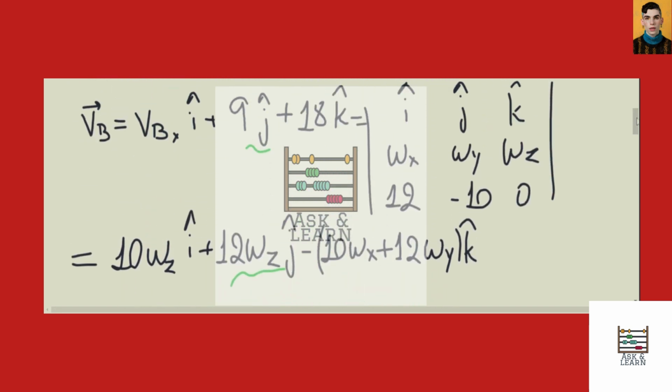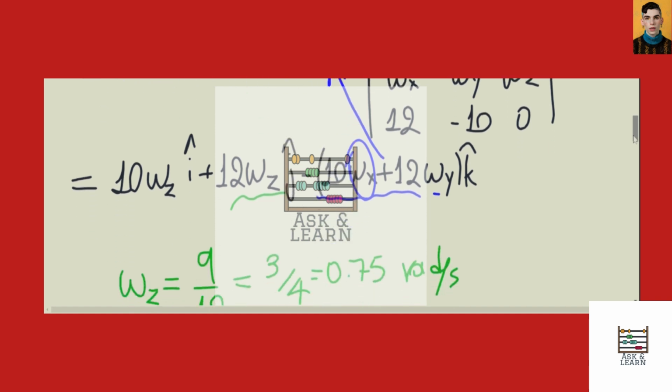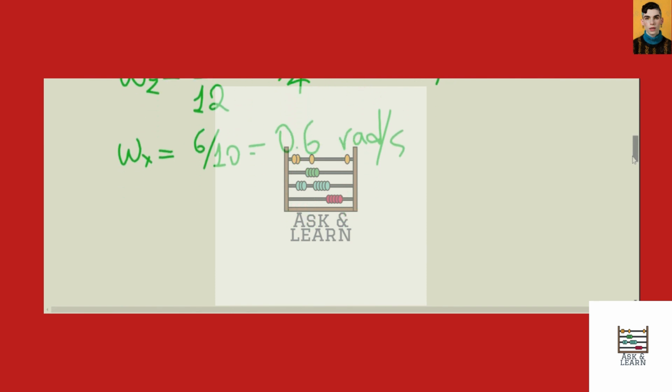And for this one, we can go back here. We know that one. And we have to compare this with this one. And someone can see that the y component of the angular velocity is simply 2 radians per second.